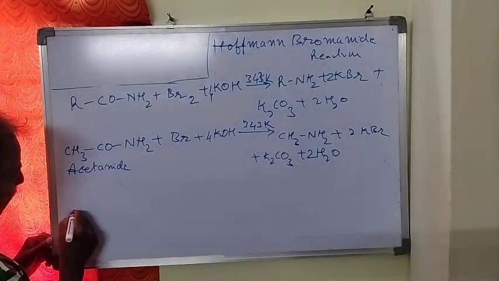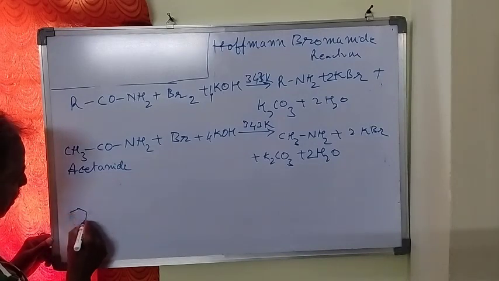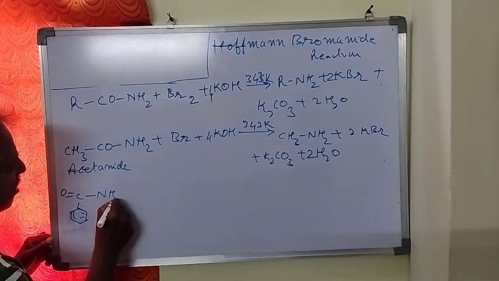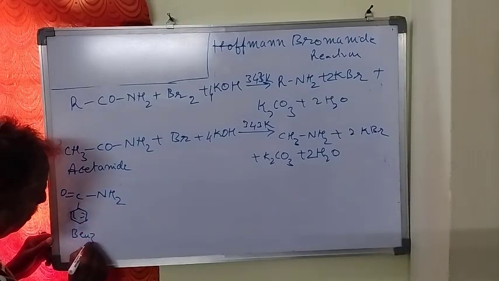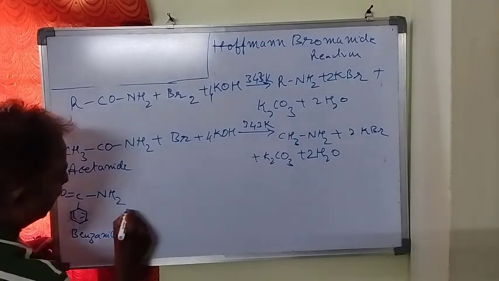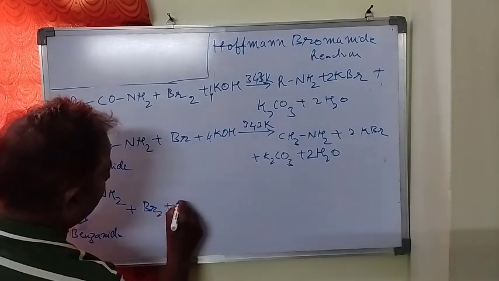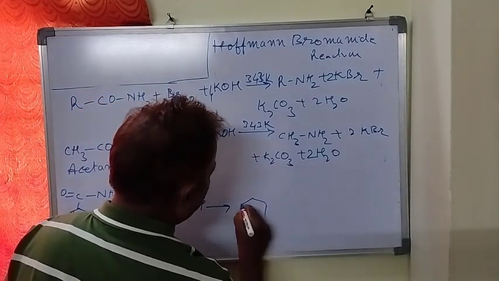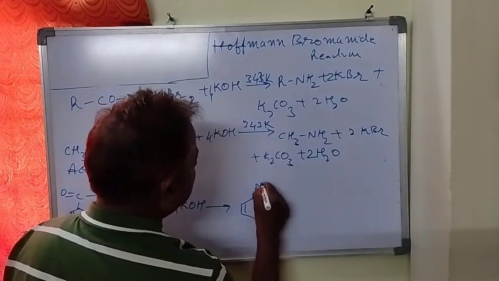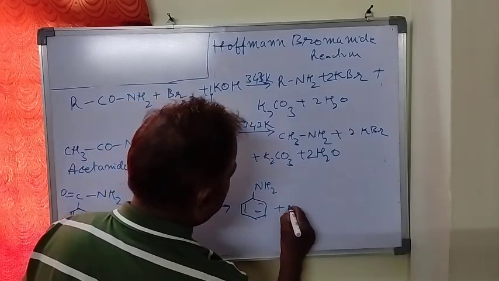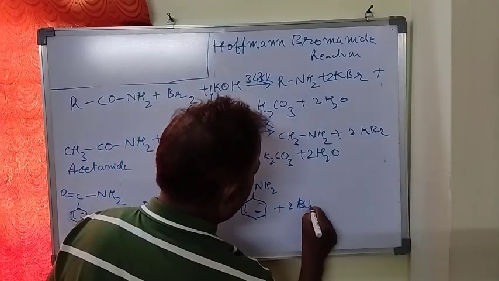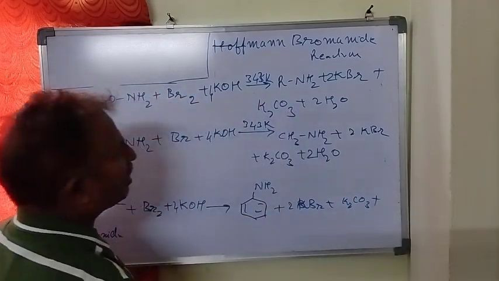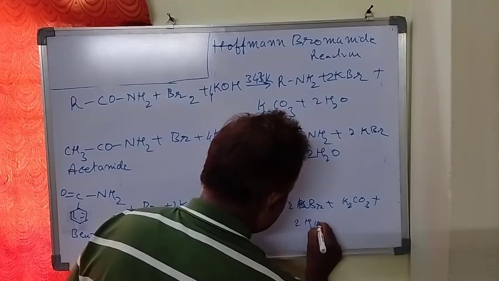Let us take one more reaction. What is this substance? Benzamide. Benzamide is treated with bromine in the presence of potassium hydroxide. We get aniline plus potassium bromide plus potassium carbonate plus water.